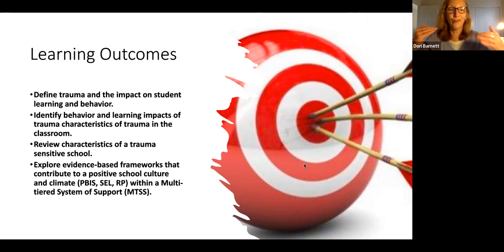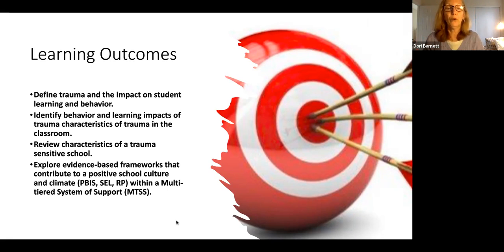That's wonderful. That shows you're sort of on the cutting edge. Multi-tiered system of support is a framework within California, and actually in most states across the United States, to deliver a continuum of evidence-based interventions at tier 1, universal for all students, tier 2, targeted interventions for smaller groups of students that are at risk, and tier 3, intensive individual interventions for fewer students that have more critical needs.